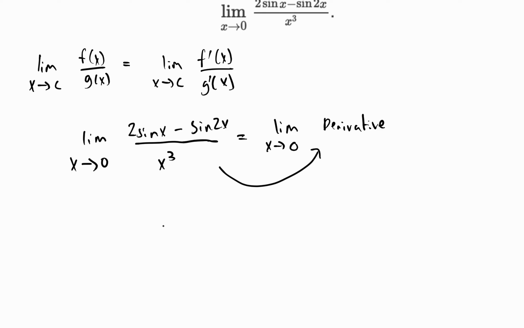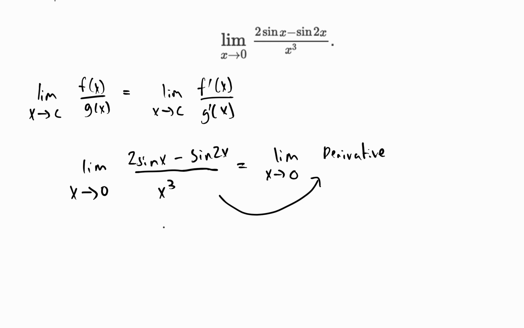So let's differentiate the top. 2 sin x becomes 2 cos x. And minus sin 2x becomes, by the chain rule, cos 2x times the derivative of 2x, which is just 2.